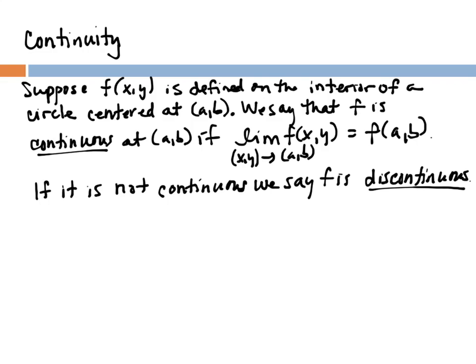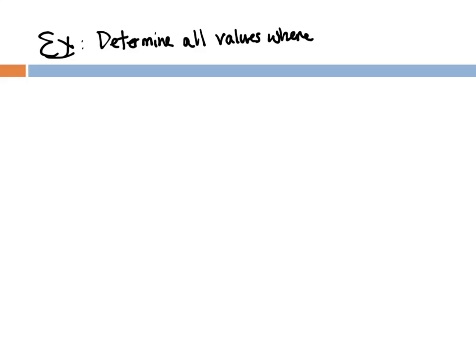Okay, does everybody have it written down? All written down? Okay, great. So we're going to determine all values where the function is continuous.